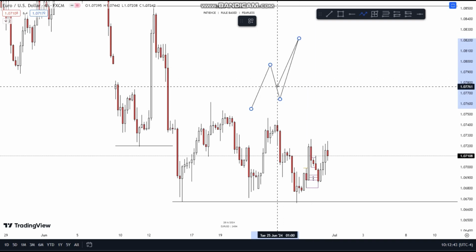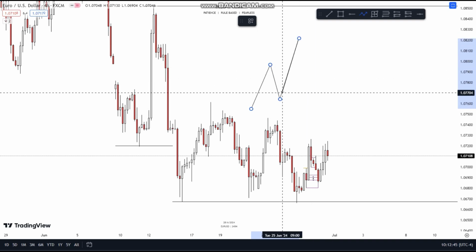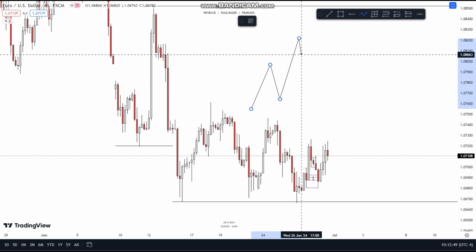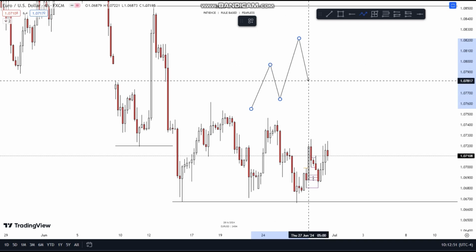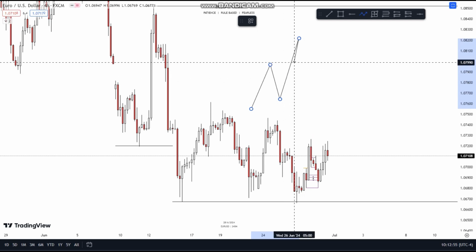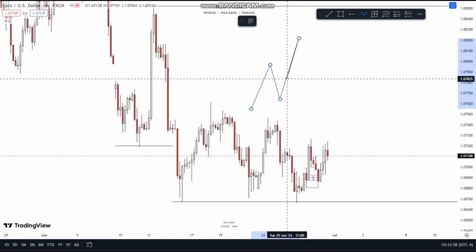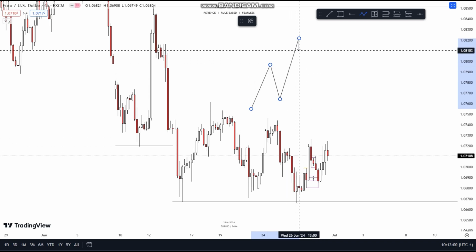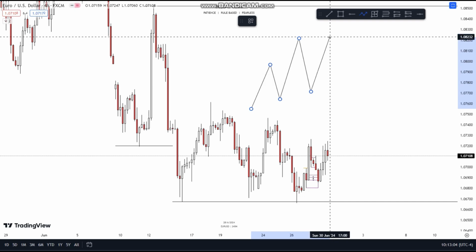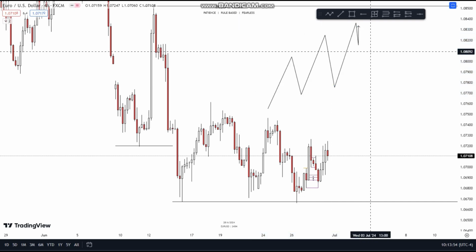Let's say this is 15 minutes. I'm using 15 minutes as an example. 15 minutes broke this structure. While 15 minutes is making this retracement, every low that is here within the 5 minutes time frame will serve as liquidity that price will liquidate before continuing that move. I hope you understand what I mean, guys.